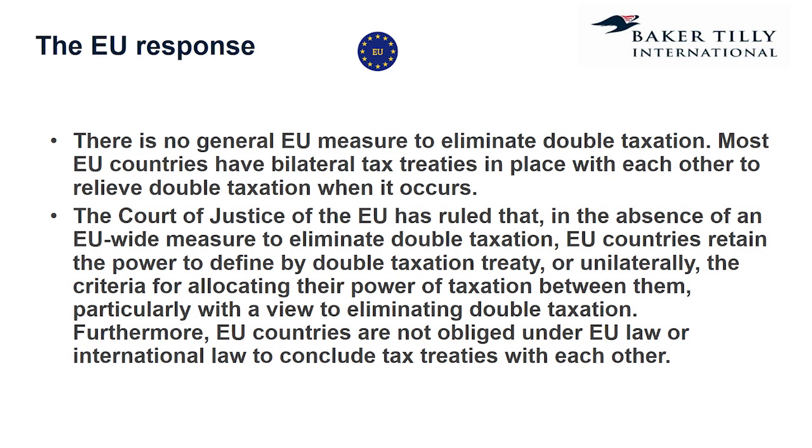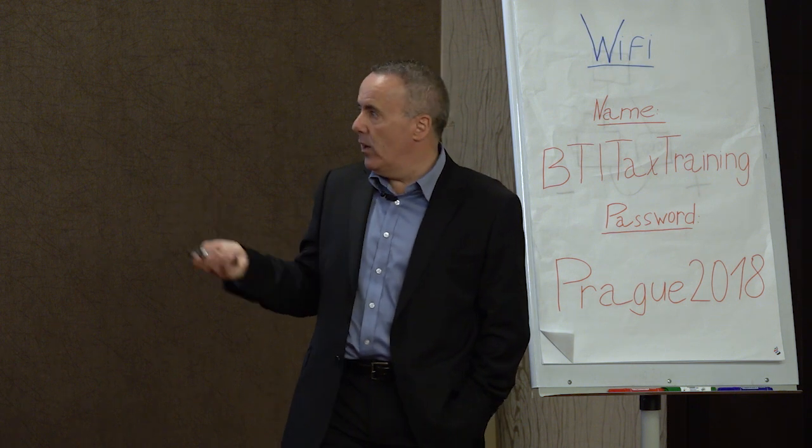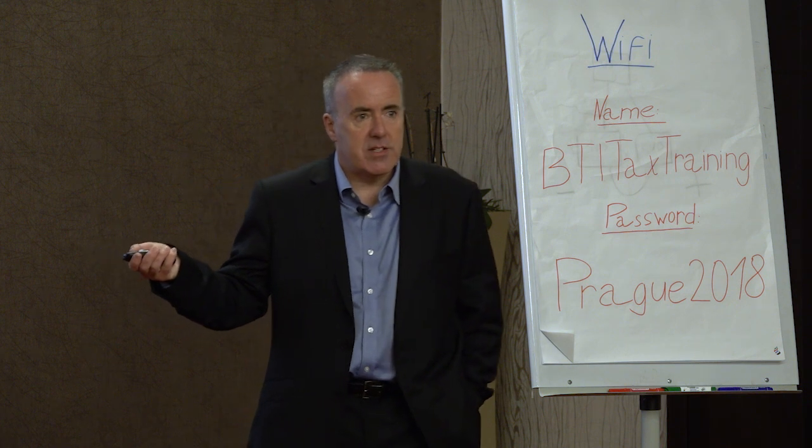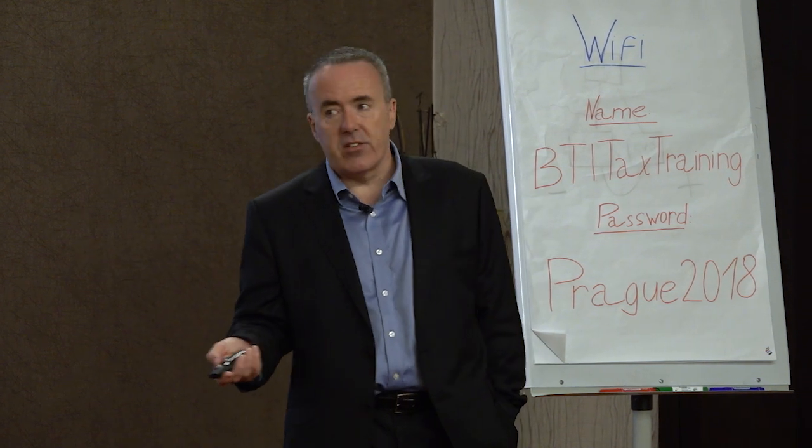I guess there's no need to respond to that because pretty much all EU member states are pretty well networked with tax treaties. So you don't need a directive telling people to sign up to a whole load of tax treaties with different jurisdictions. If that changes, if people join the EU to replace people who are leaving, who maybe aren't very well treaty networked, maybe they will issue a directive on that, telling people you've got to have treaties with certain jurisdictions, but at the moment that doesn't exist.